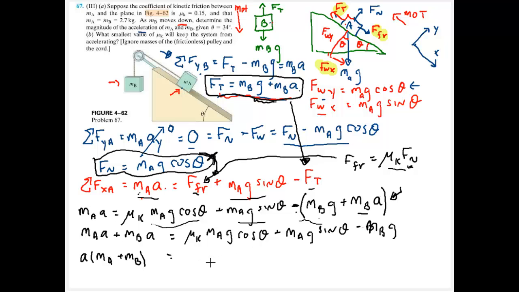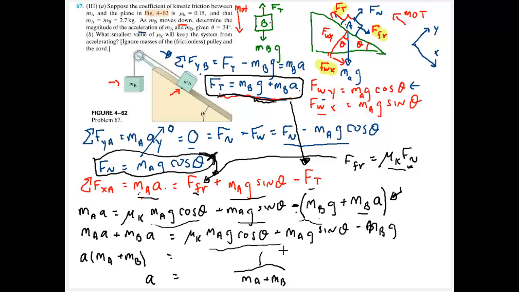That's going to be equal to all that stuff. And I divide both sides by mass of A plus mass of B, and I'm going to end up with all of this stuff divided by mass of A plus mass of B.